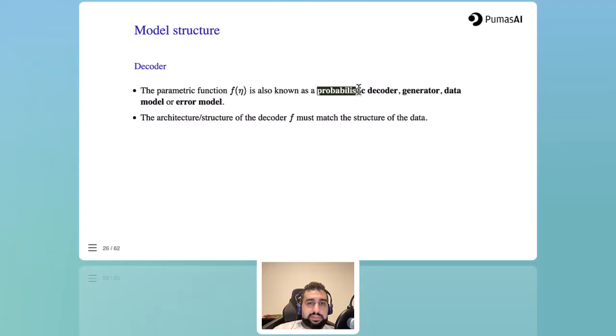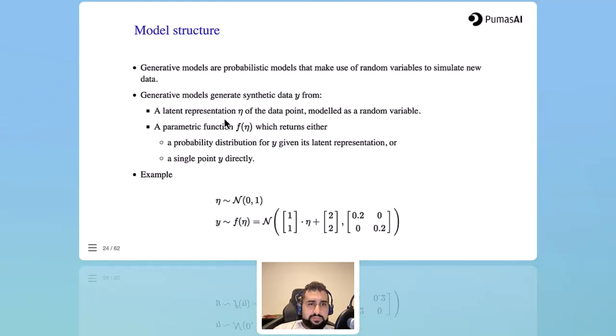It can be probabilistic if it outputs a probability distribution, or it can be a deterministic, non-probabilistic decoder. As I said before, the function f here can either return a probability distribution for y given its latent representation, or it can return y directly. If it returns y directly, it's not a probabilistic decoder. If it returns a distribution for y, it is a probabilistic decoder.